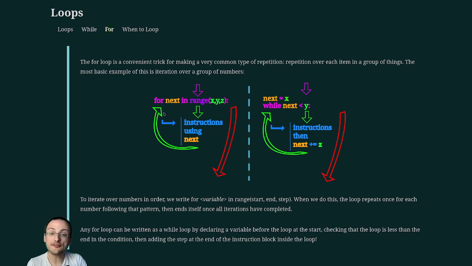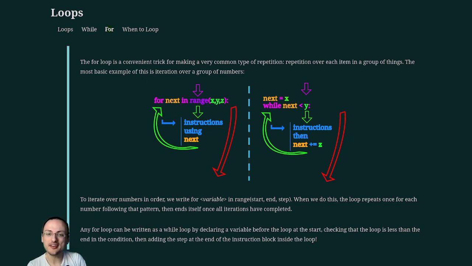So if I said for next number in range 1, 10, 1, I'd be saying start at 1, go up to, but not including 10, and go up by 1 each time. So if I did that, this loop would run 9 times.